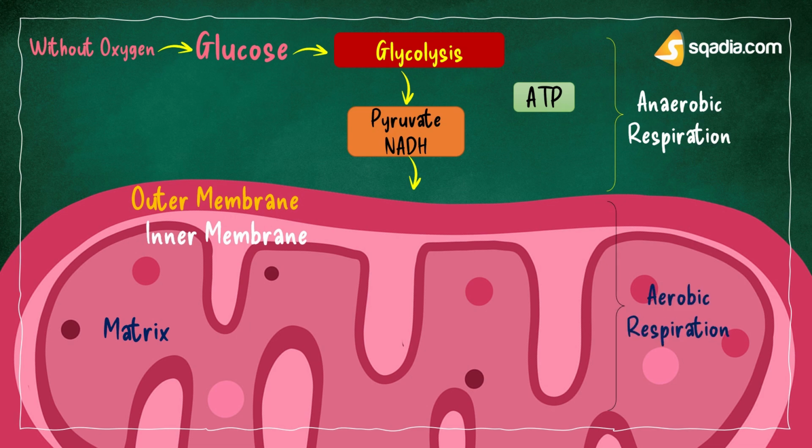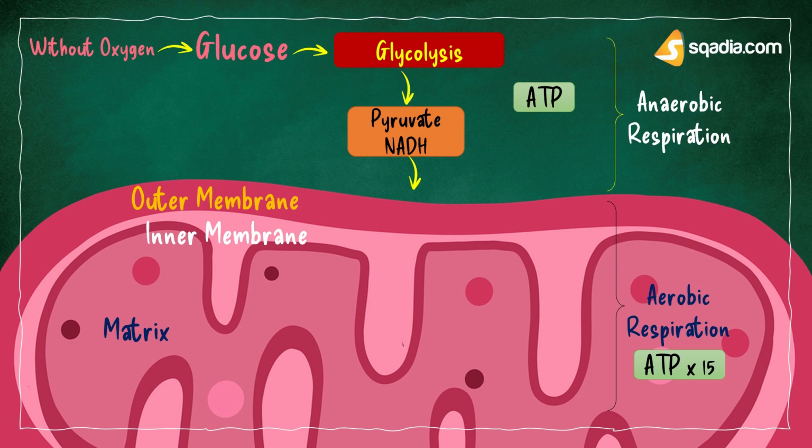However, under normal conditions where there is sufficient oxygen, oxidative phosphorylation in the mitochondria produces 15-fold more ATP for each glucose molecule than does glycolysis.